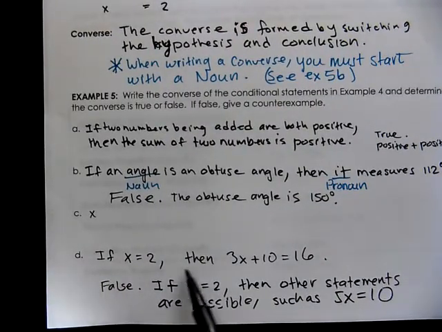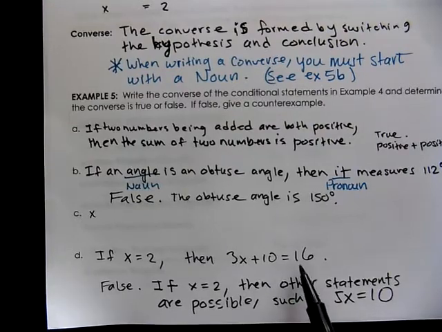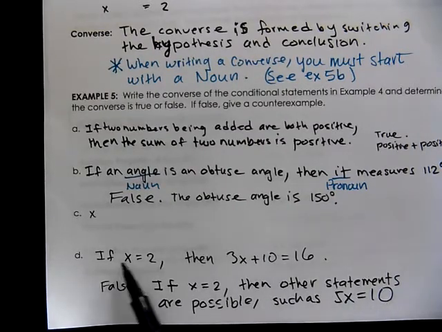So when we have this conditional statement, what we're saying is that if x equals 2, then this is the only equation in the world that can possibly result from having x equals 2. And we're saying, no, this is not the only equation in the world. There are lots of equations in the world for which x can be 2. And this is my one counterexample to one other equation where it is also true when x is 2.